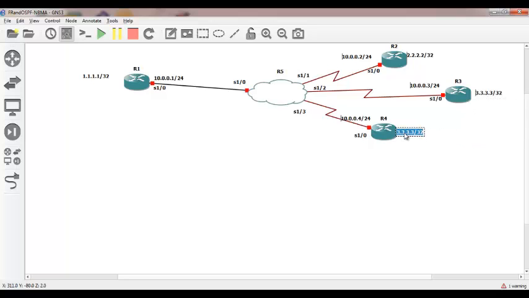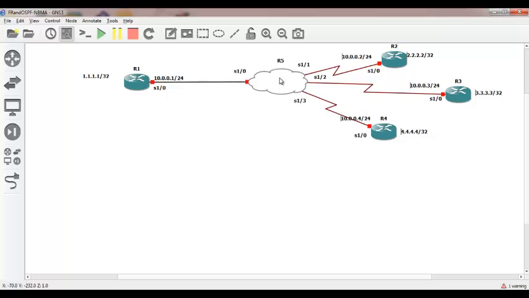We had wonderful videos of frame relay in our old channel. All gone. So in our new channel, this is going to be the first frame relay video with OSPF. In those days, frame relay was very famous when I recorded frame relay videos.